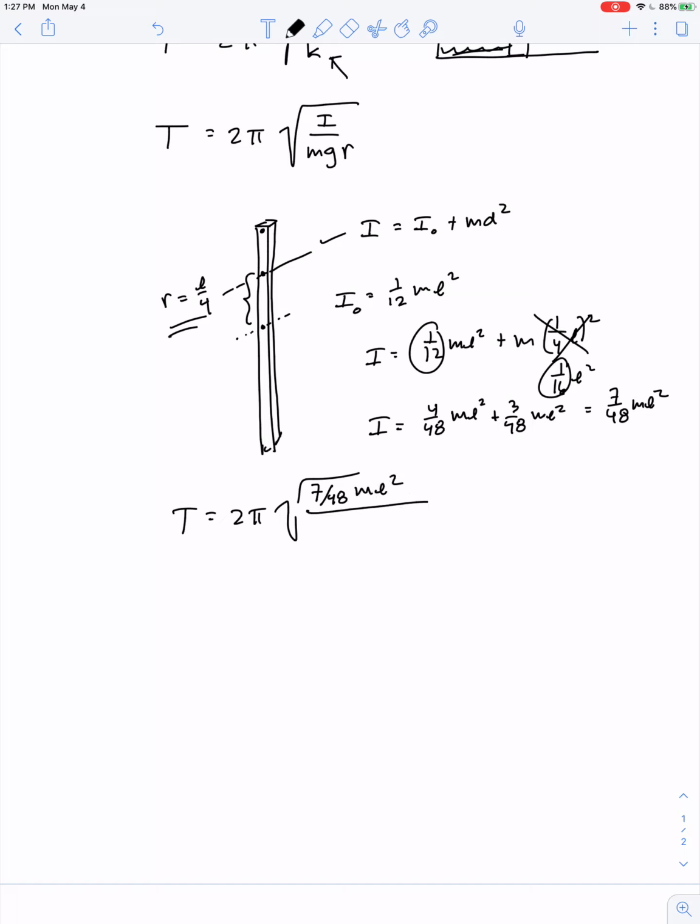Then we have to divide this by m g r, so divide by m g, and r is L over 4. Okay, so m cancels out, one of the L's cancels out, and 48 divided by 4 is 12, so we get T equals 2 pi times the square root of 7/12 L over g.